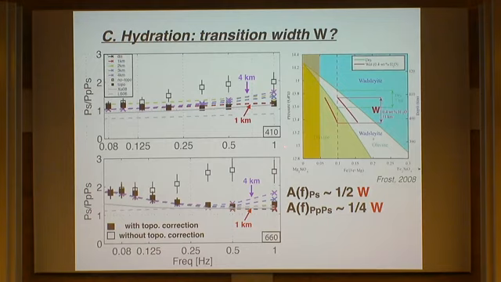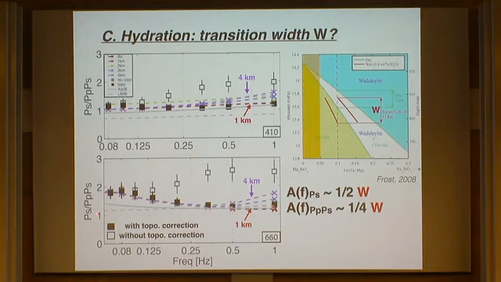If you look at different estimates, the black dashed line shows the prediction for a 1 kilometer transition. The purple line shows the 4 kilometer transition. The same applies for the PS over the topside reflection at the 660.